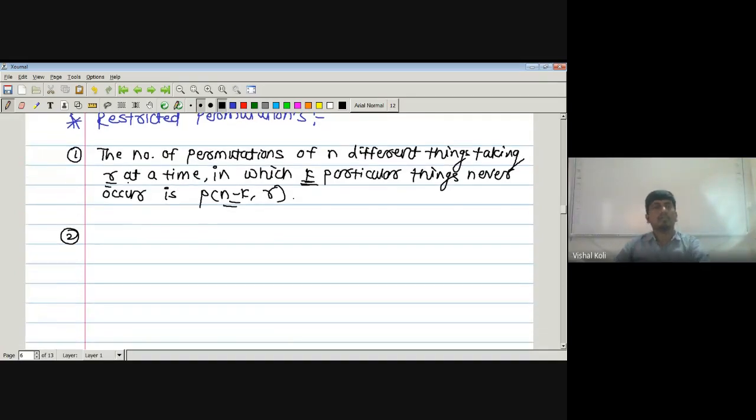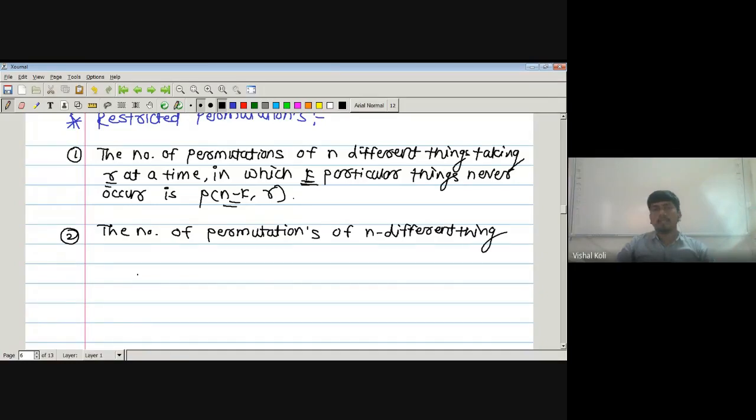The second note is the number of permutations of n different things taken r at a time in which k particular things are always present.